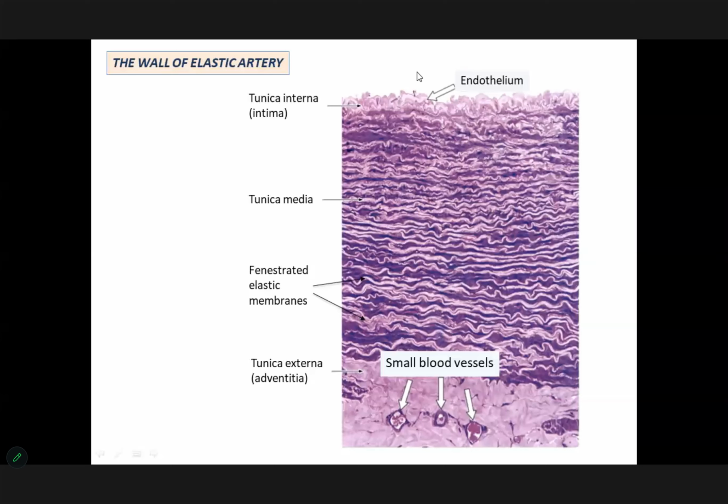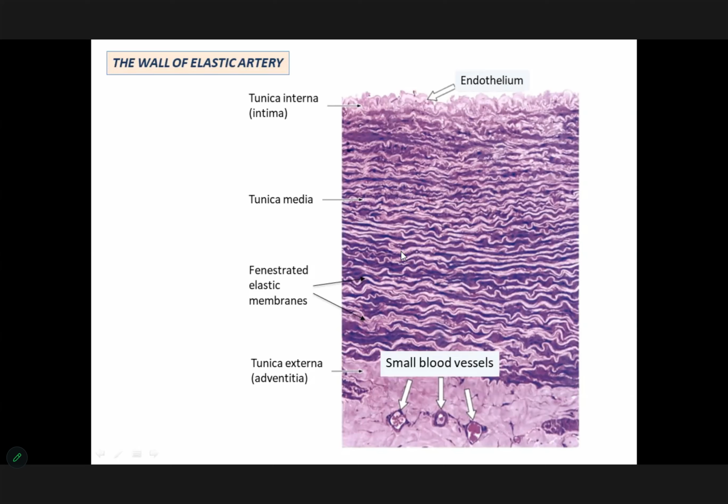So here should be the lumen of this artery, innermost layer, tunica interna or intima, which includes endothelium and thin underlying loose connective tissue, which is called subendothelial layer.